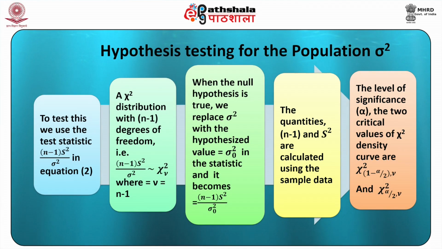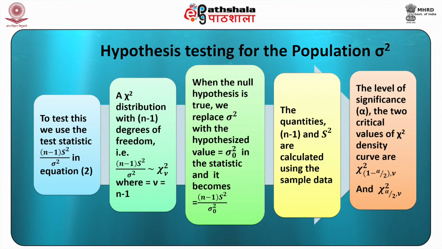To test this, we use the test statistic, which is (n minus 1) into S square upon sigma square in equation 2, which has a chi-square distribution with n minus 1 degrees of freedom. In other words, I can also say we can write this as (n minus 1) S square upon sigma square distributed as chi-square nu, where nu is n minus 1.